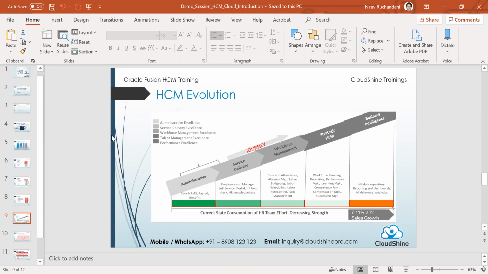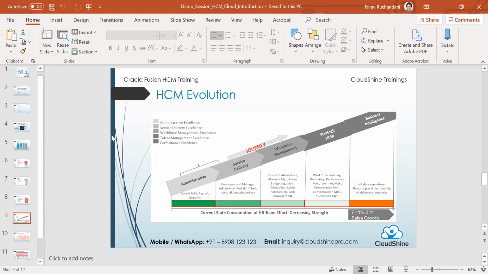The second phase was where whatever core HR, payroll and benefits data was there was exposed to the employees and managers, either for viewing purposes or for doing some self-service actions like approving or reviewing certain changes.